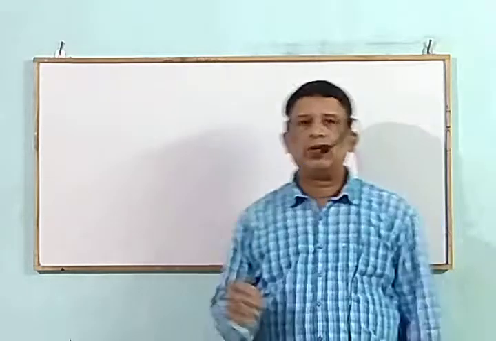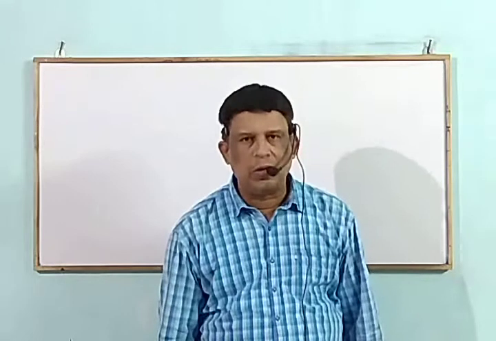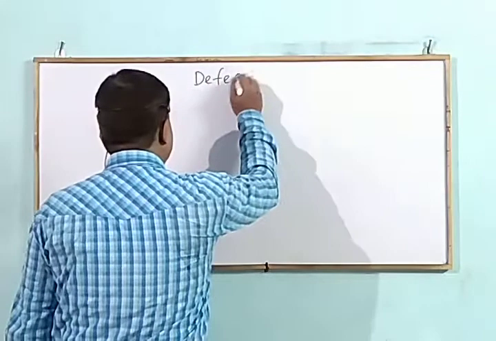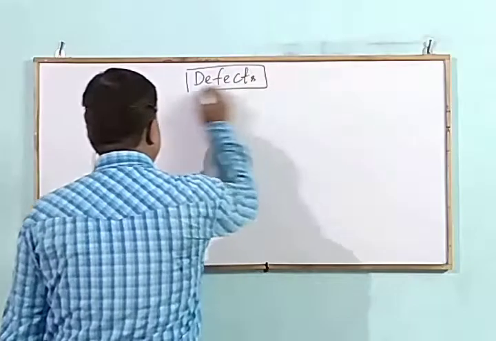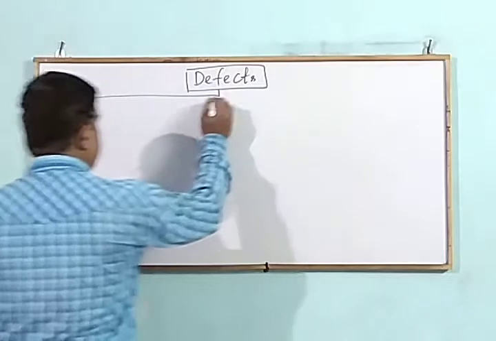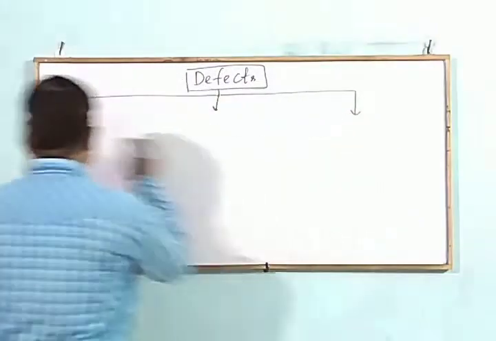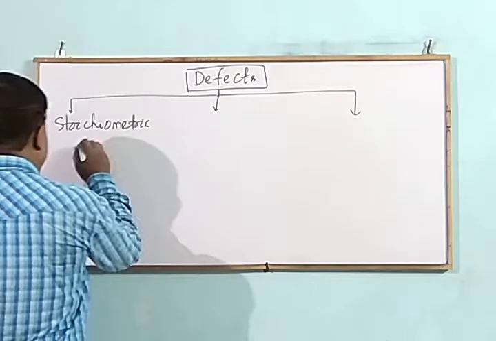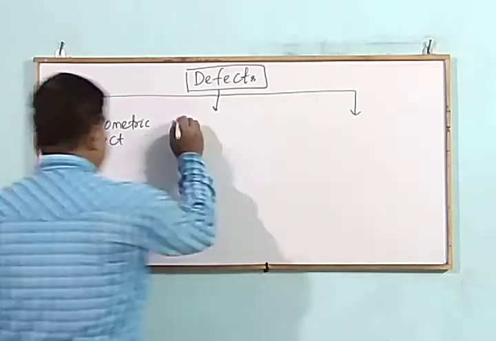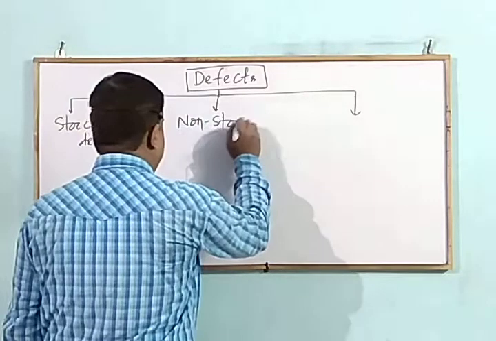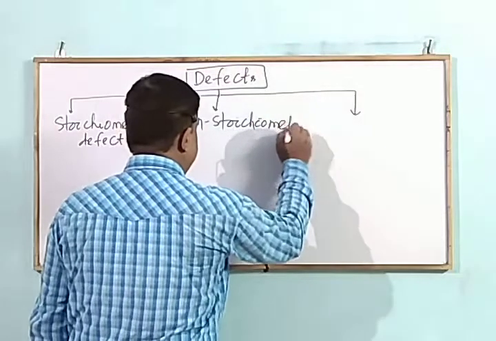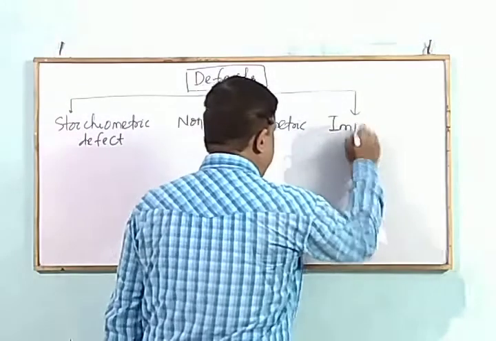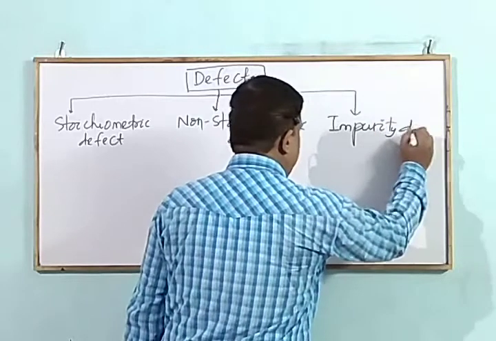Let me draw this in the form of a flow chart for better understanding. Point defects are classified into three types: stoichiometric defect, non-stoichiometric defect, and impurity defect.